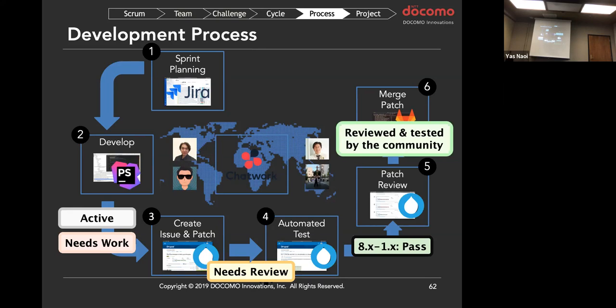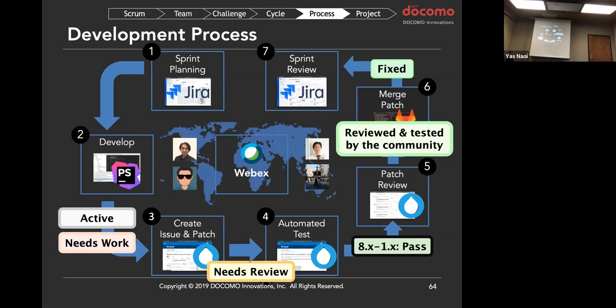Then I will merge the patch into the repository and change the status to fixed, and then back in JIRA, I will change the status of the sprint backlog item to done. This is the cycle, and after sprint ending, we also have a WebEx.